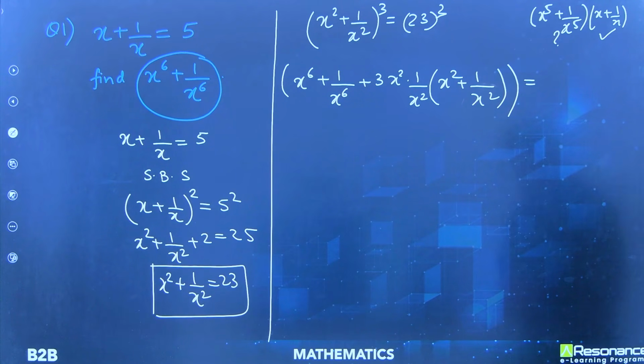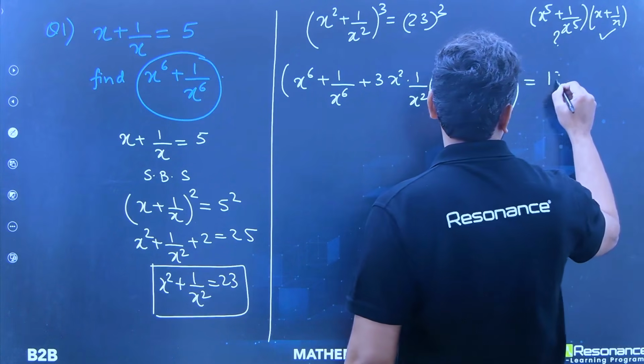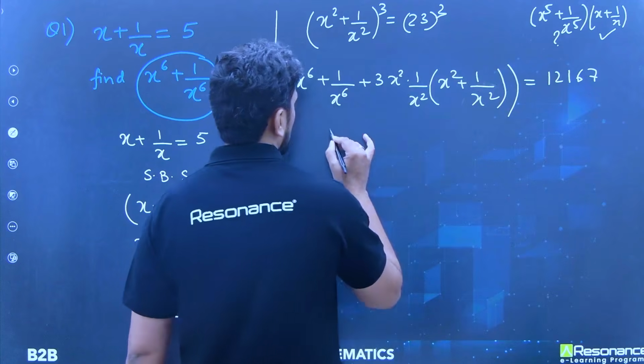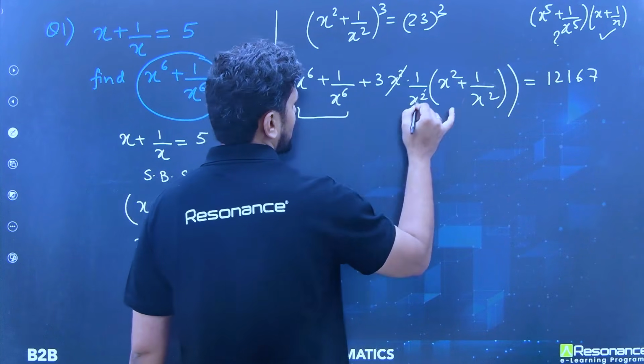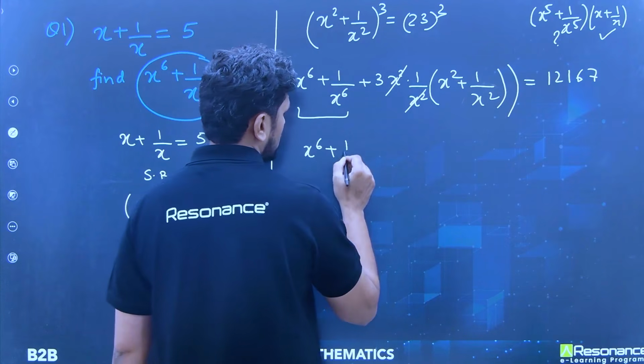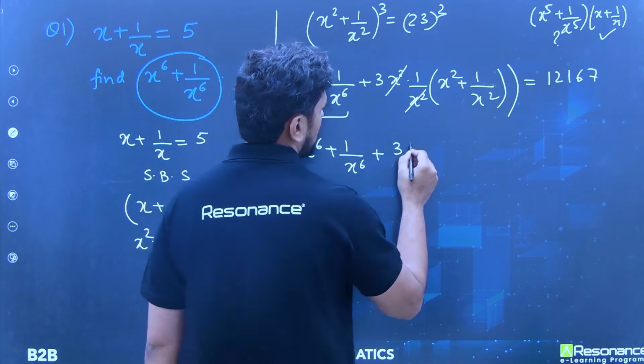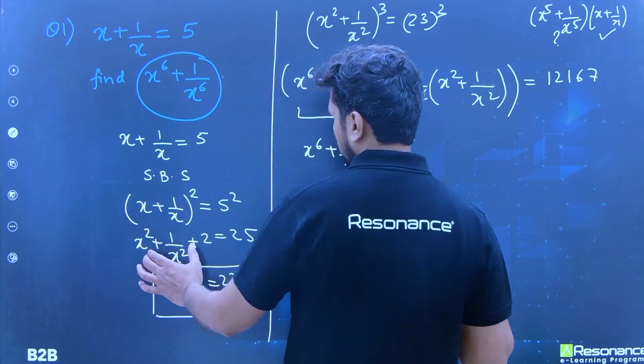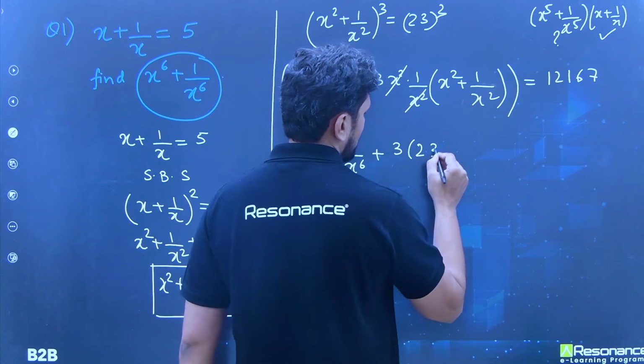Using the last question here, no? 23 cube, 23 square is... 12167. Now we need this, so we will keep it as it is. So x to the power 6 plus 1 upon x to the power 6 plus 3 times, and x square plus 1 upon x square we have already got, 23.